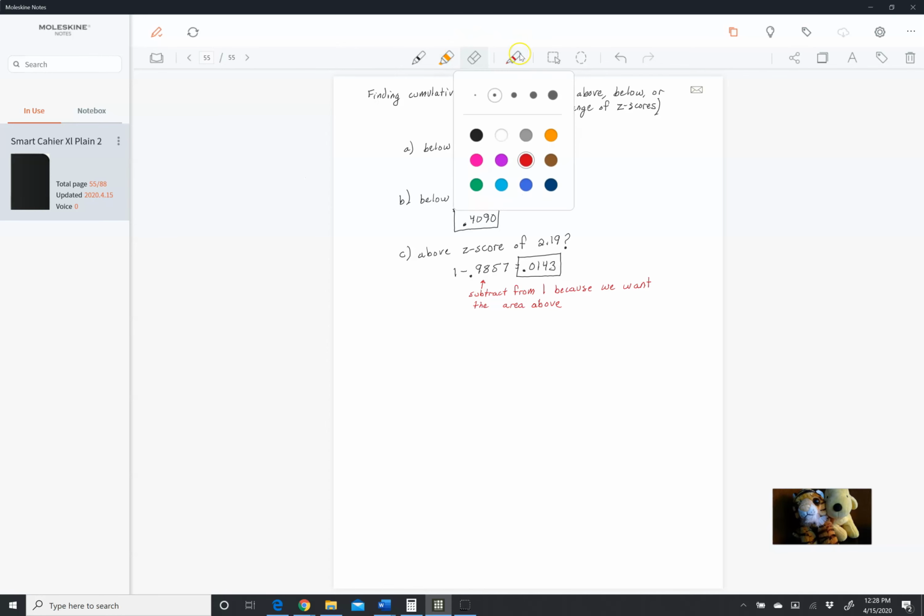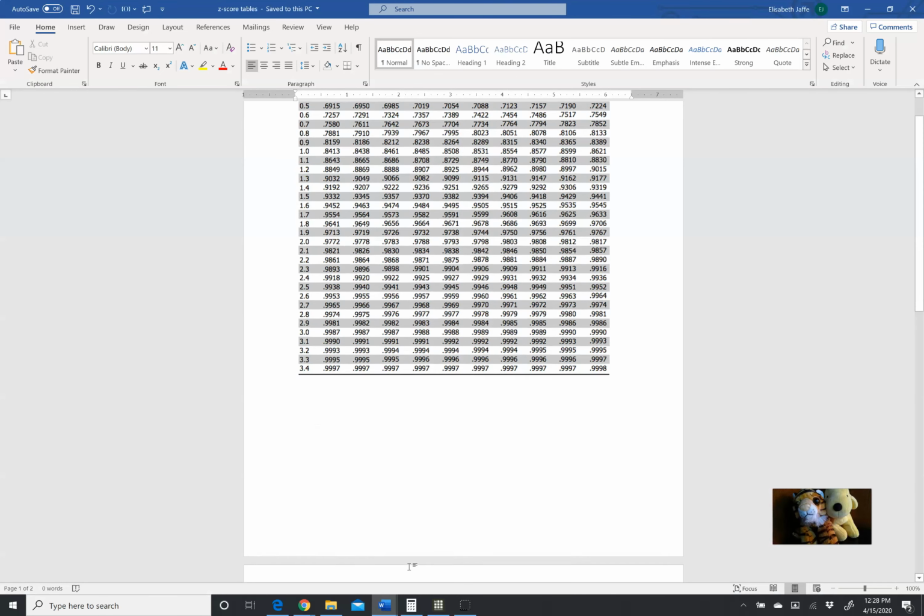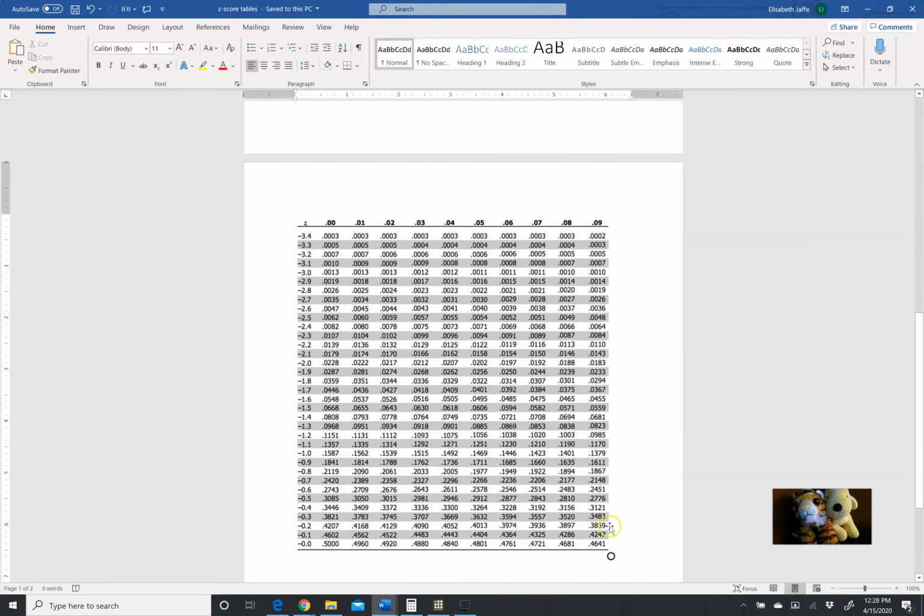Okay, let's do one more like that. Let's say that we want above a z-score of negative 1.23. So again, we go to our z-score table. We want the negatives now. Notice negatives, the highest it goes is 0.50.